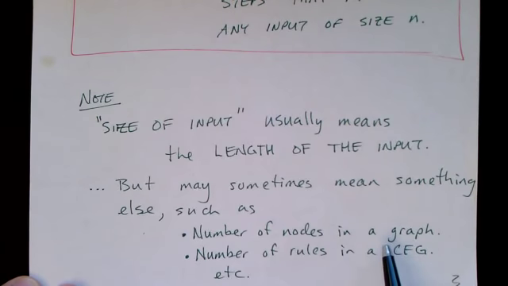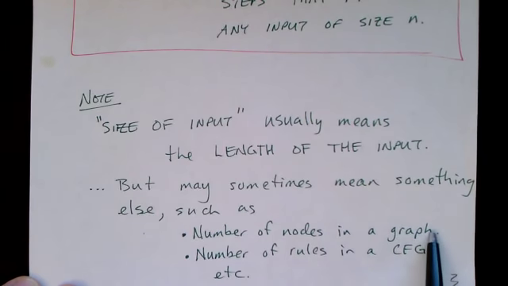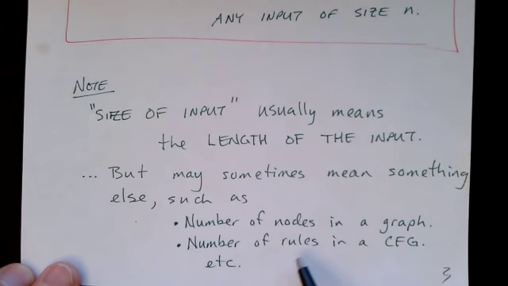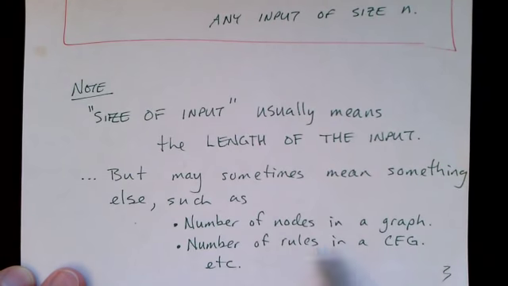For example, if we have an algorithm that does some sort of graph computation, for example, looking for paths or checking for connectivity, we might be more interested in the number of nodes in the graph, or perhaps the number of edges in the graph, rather than just the length of some encoding of the problem. Likewise, if we are looking at a program that parses an input string relative to some context-free grammar, we might be more interested in the number of rules in the context-free grammar, or something like that.